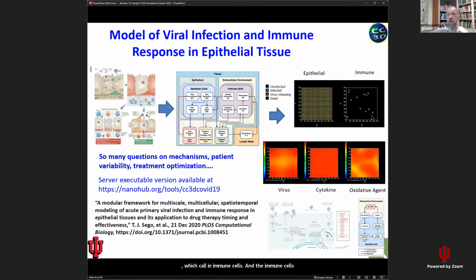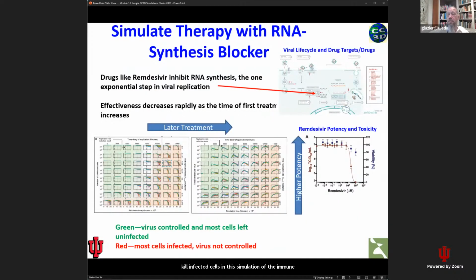In this simulation, the immune cells can't keep up and all of the cells die. But you can study, for example, the effect of different kinds of treatment, when you give the treatment, how much treatment you have, which aspects of the viral replication you target, how effective the treatment is, and come up with approaches to trying to quantify how effective treatment strategies would be.